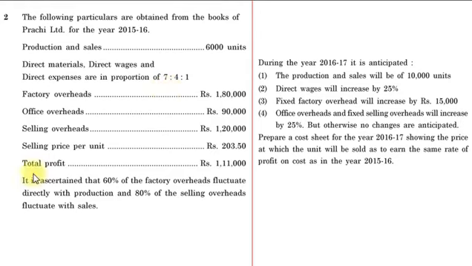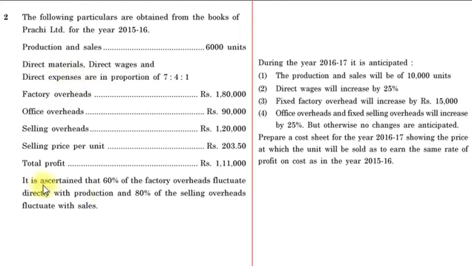Further, we are given selling price per unit rupees 203.50 and total profit. So we need to go in reverse from sales to prime cost to find out direct material, direct wages and direct expenses.